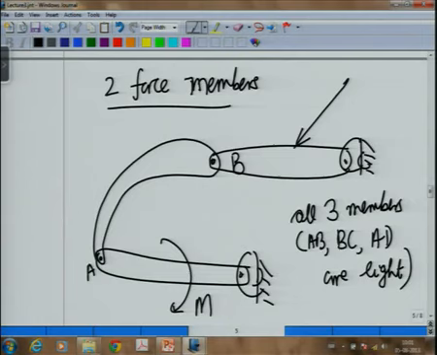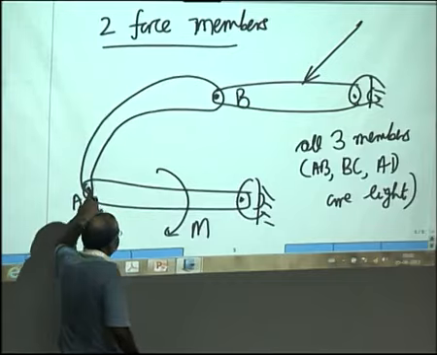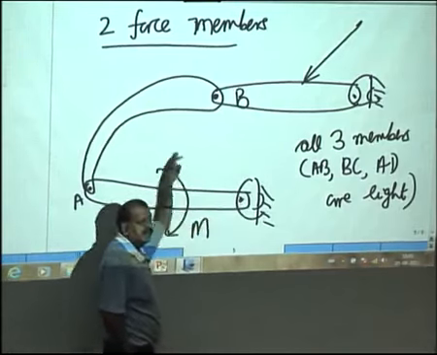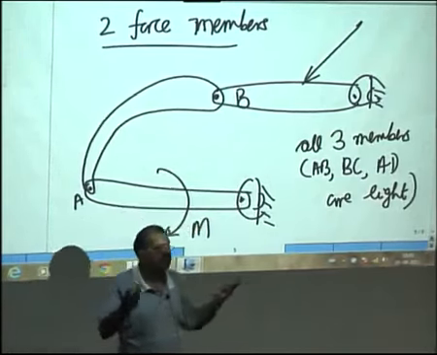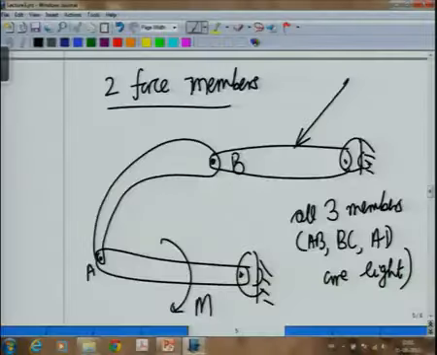Similarly, let me look at the member AD. In the member AD, what will happen? I have forces acting at A and at D, and I have a moment M acting. So, again if I analyze, I have a force acting at A, a force acting at D and a moment acting at M when I draw the free body diagram of AD.